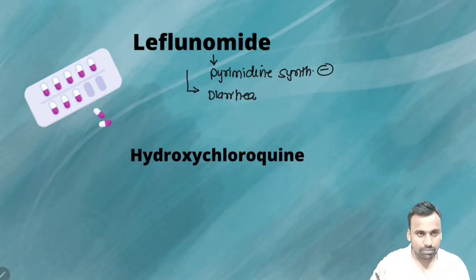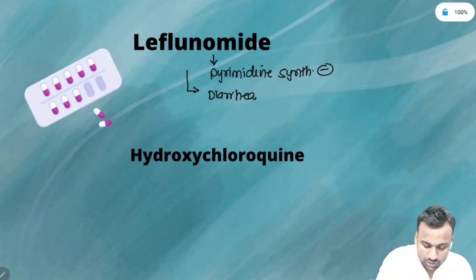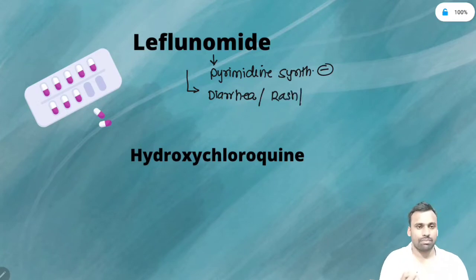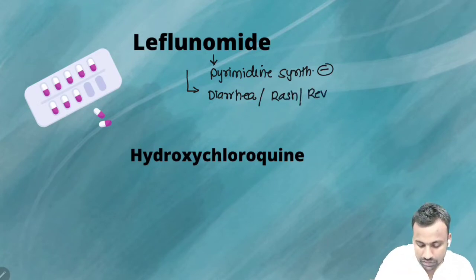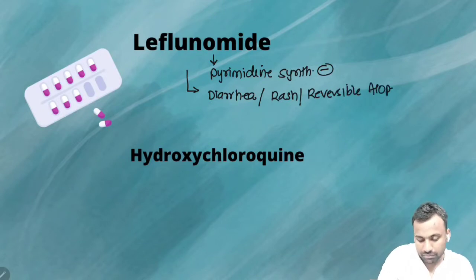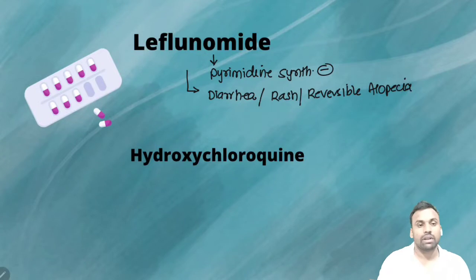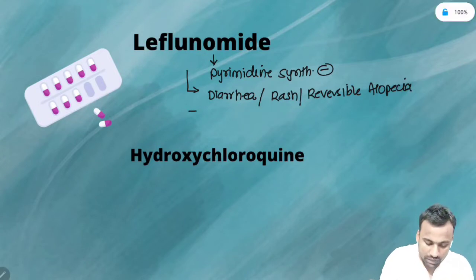The patient also has problems like rash, and sometimes reversible alopecia, and leflunomide is mainly hepatotoxic.